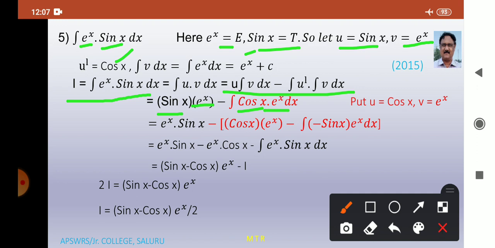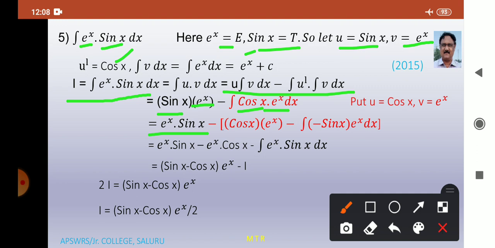Again here this is of the form uv also, so again you apply the uv form. You write e power x into sin x, minus. Here cos x is a trigonometric function, e power x is an exponential function, so trigonometric comes before exponential. You put cos x as u, e power x as v.